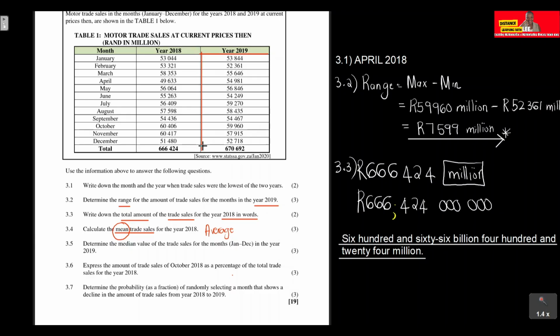When we're looking for the median, we're looking for the value that is in the middle. So we now need to list all these values that have been given to us. And it's very important that you remember that when we're working with ungrouped data, this is individual data.